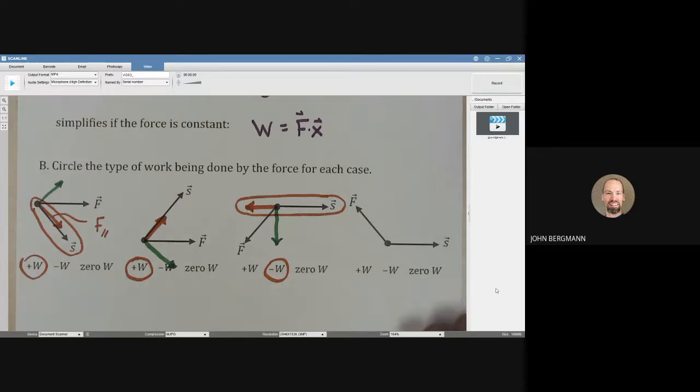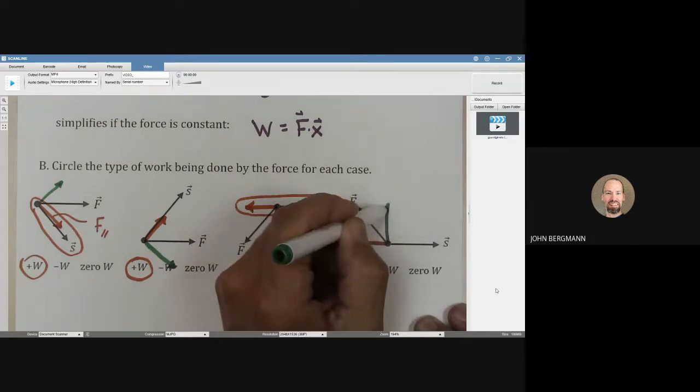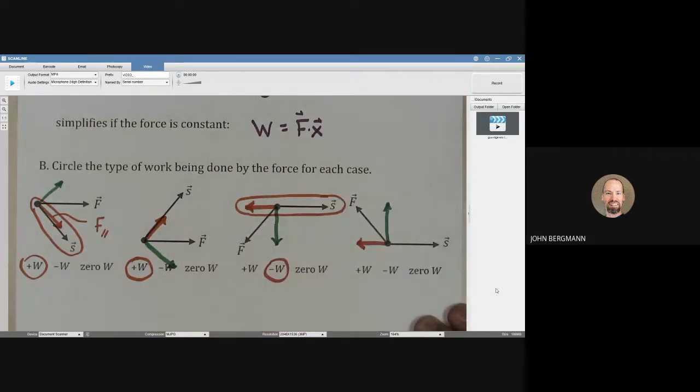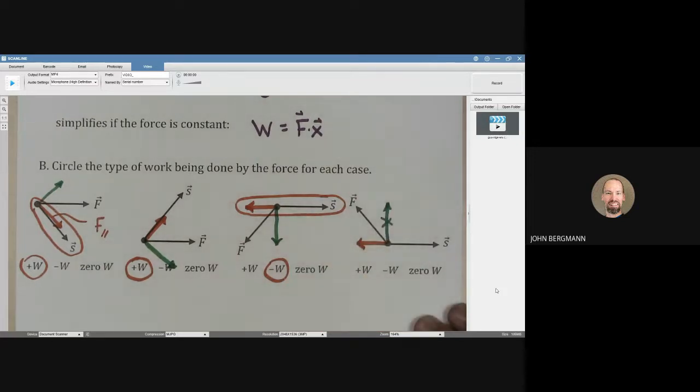And what about in this last case? The component of F that is parallel to the displacement looks like that. The component of F that is perpendicular to this displacement looks like that. The component of force that is perpendicular, we're not at all concerned about when we're finding work.